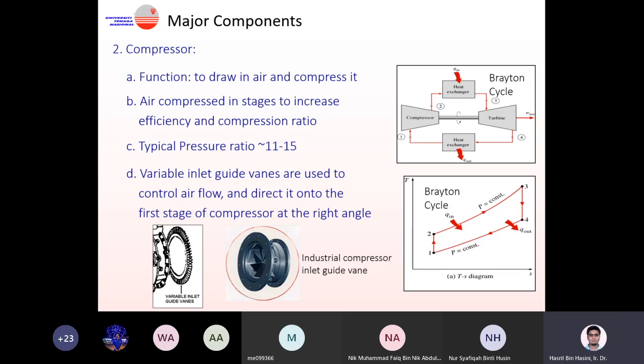You cannot simply jump from 1 bar to 10 bar in one go. In our compressor, we also have variable inlet guide vanes to direct and control the airflow into the blades, so that the angle is right for us to get the maximum rotation of the compressor blades.